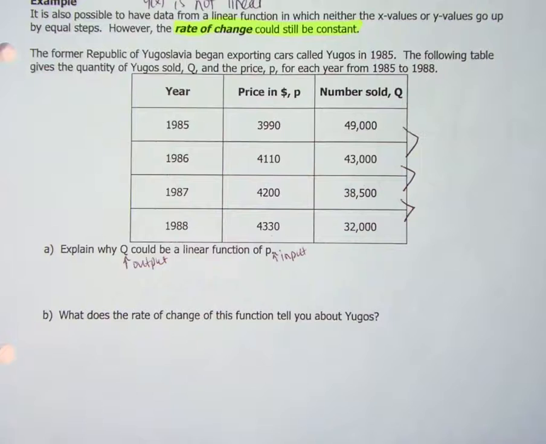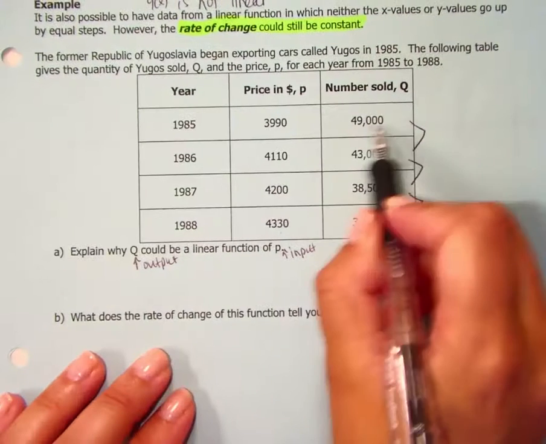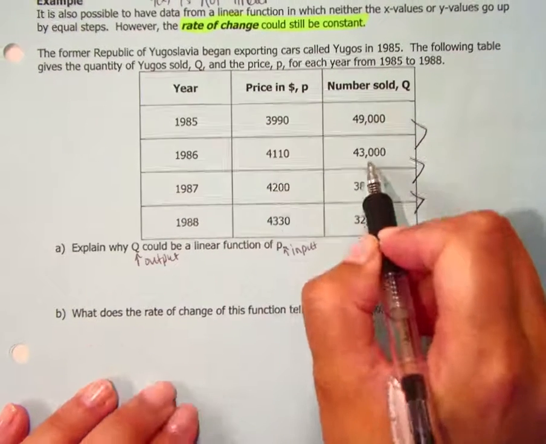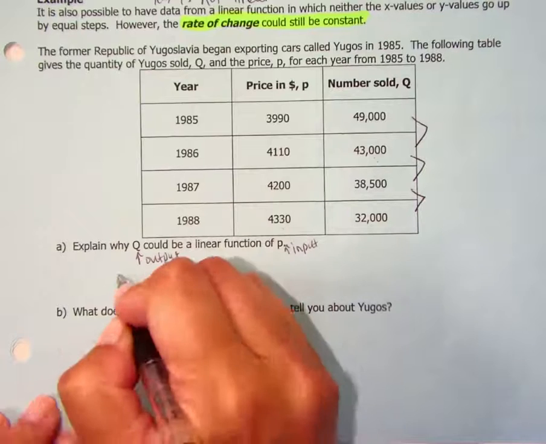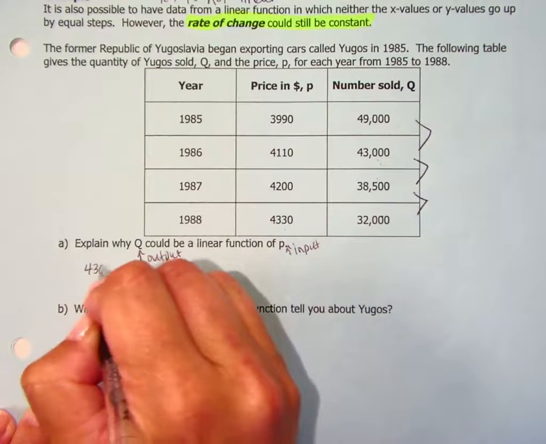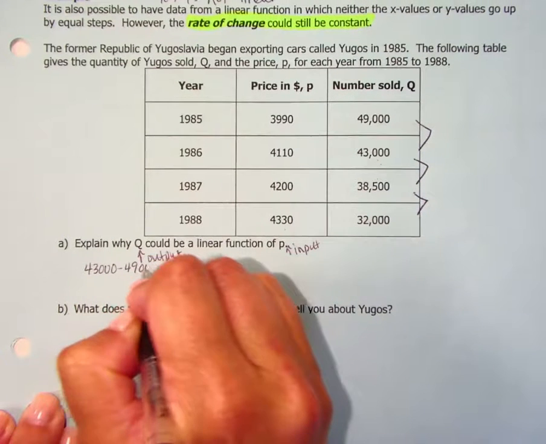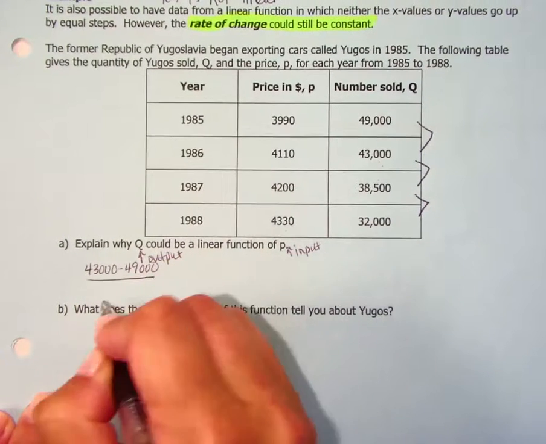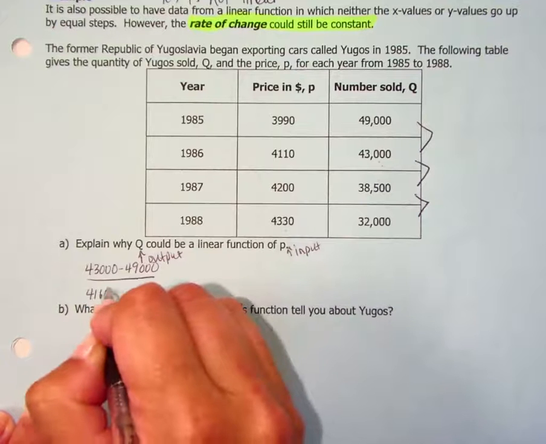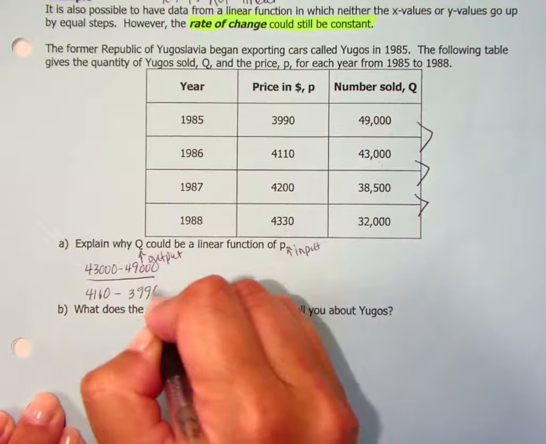Okay, so let's do that. Starting with these first 2 points, taking the difference in my output over the difference in my input. Have your calculators handy.